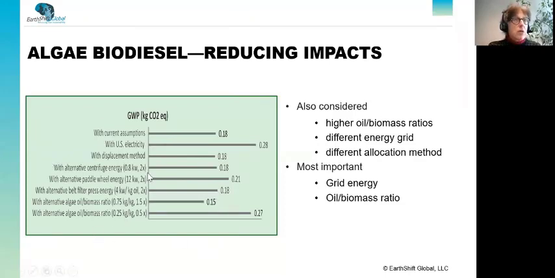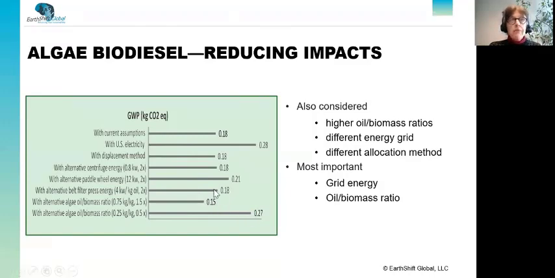So you can see that with US electricity, as opposed to the baseline electricity, impacts went up pretty dramatically. If we change the oil to biomass ratio, we could actually change the results again pretty dramatically.